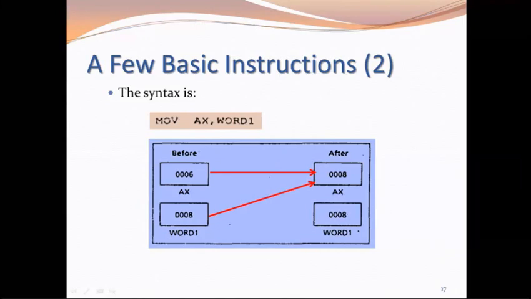Is that clear? Here the move operation means we will not permanently move the data, we are just copying the data. You are just transferring the data. You are just copying. That's why both places have the same value. Yes, that is what the scenario is telling you.